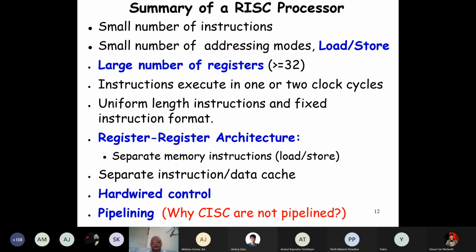Let's say all the 3 operands are register operands, and from 32 you increase to 64 registers, then the size of the instruction will increase by 3 bits. Similarly, if it is 1024, the size of the instruction will increase by, let's say, 12 bits. So the instruction size becomes large.